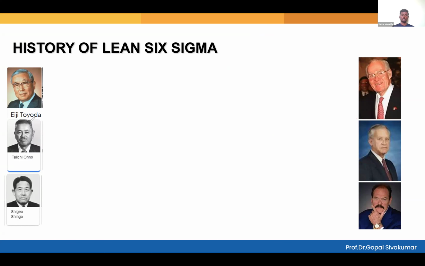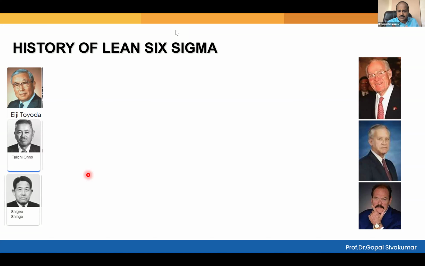Understood? Okay. There are 2 things I have taught you here. Any process will have a natural tolerance of 6 sigma. Am I right? Yes, sir. And that 6 sigma is also known as the spread of the process.